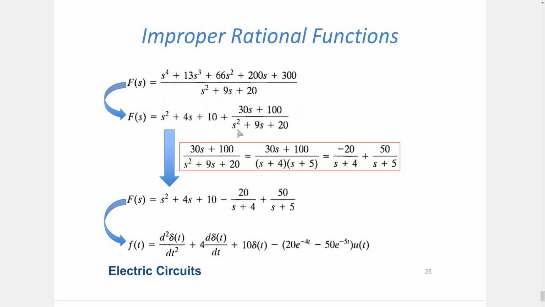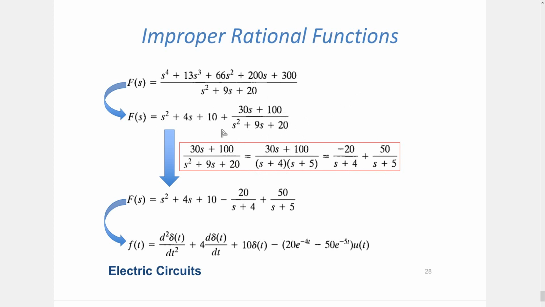Now we have a proper rational function, which we can decompose and compute the coefficients with the methods that we have learned before. It will have some distinct roots, and using the basic relationship in those scenarios, we can rewrite this portion as minus 20 over (s plus 4) plus 50 divided by (s plus 5).